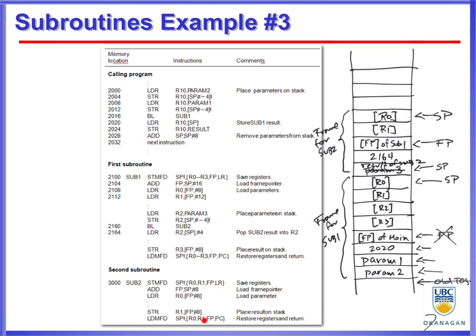The next thing that gets popped off gets put into R1, contents of R1. Next thing that gets popped off goes into the frame pointer. Well, that's going to be this address that's stored here. It's the address of this location in memory. That's going to go back into the frame pointer. And then the next thing, which is the address 2164, gets put into the program counter.